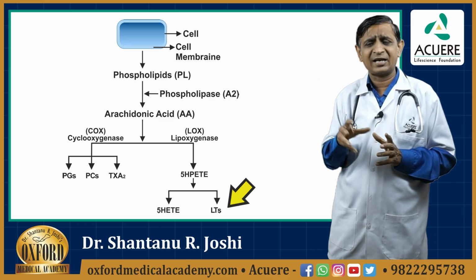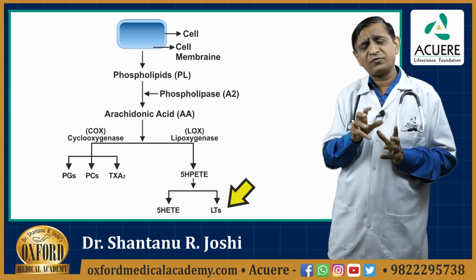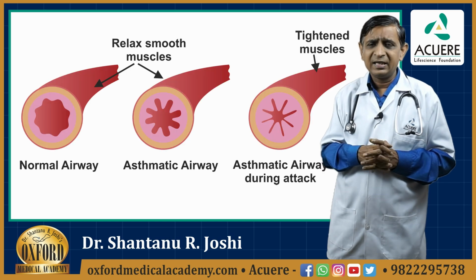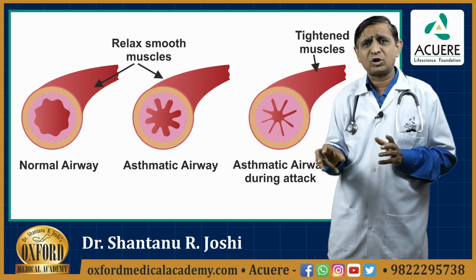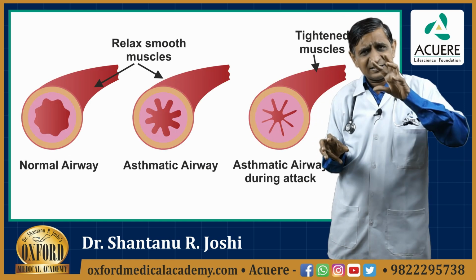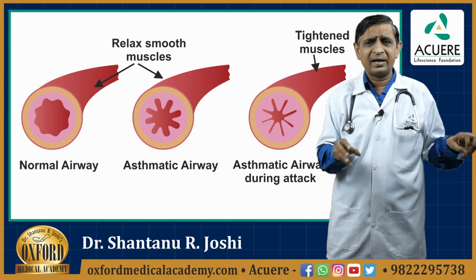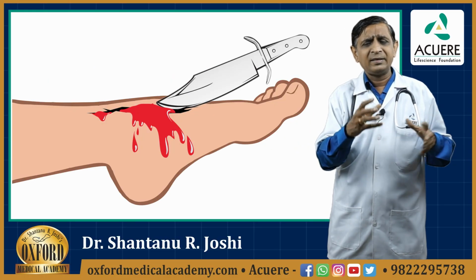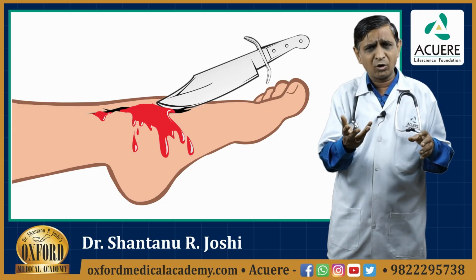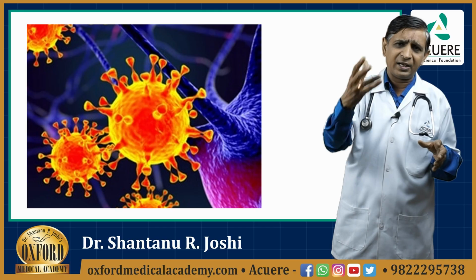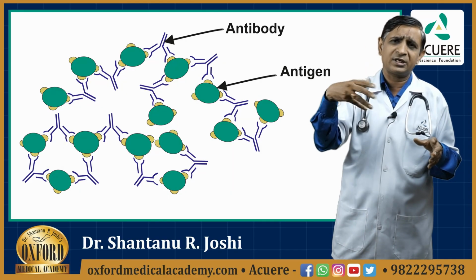These leukotrienes are very important because, as all of you know, asthma is due to this type of leukotrienes. In asthma, there is inflammation of the bronchus. In the cyclooxygenase pathway, we have seen general inflammation, that is the injury produced by heat, a physical object, bacterial infection, viral infection, or some immunological issues.